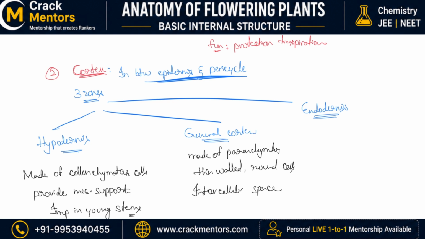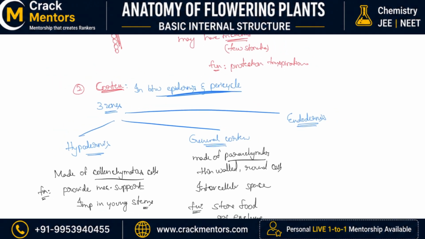Their function is to store food and help in gaseous exchange. Hypodermis is made of collenchymatous cells, but general cortex is made of parenchymatous cells. The function of hypodermis is majorly to provide mechanical support, but the function of the general cortex is the storage of food and gaseous exchange.